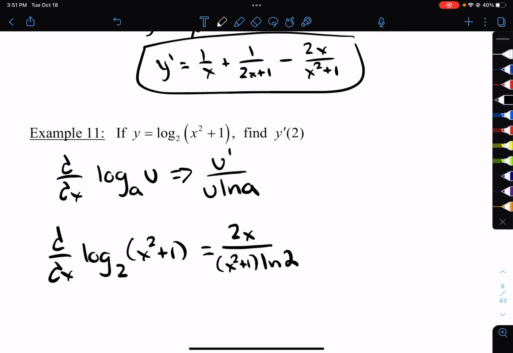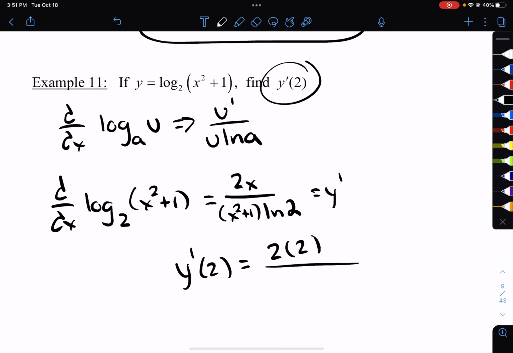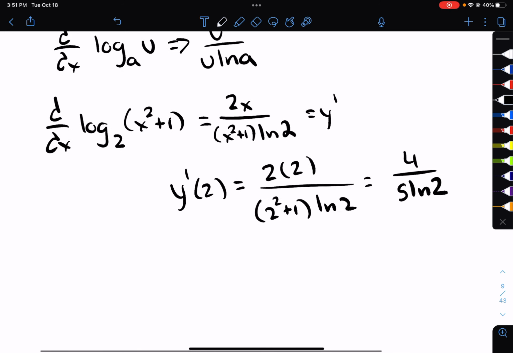So that's what my derivative looks like. That's my y prime. And then it wants me to plug in a 2. So let's take y prime of 2, which is going to equal 2 times 2 over 2 squared plus 1 natural log of 2. That's going to become 4 over 5 natural log of 2.